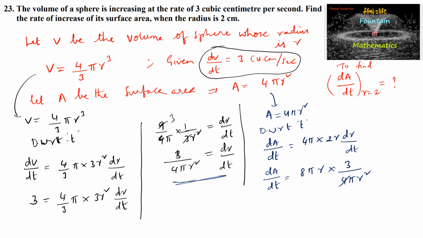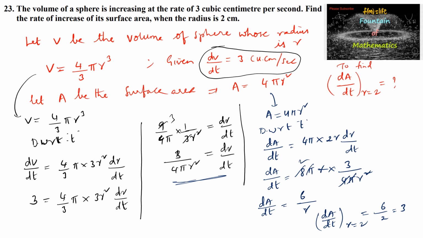So which is equal to dA by dt is equal to 6 upon r, and when r is equal to 2, dA by dt is equal to 6 upon 2, which is 3.